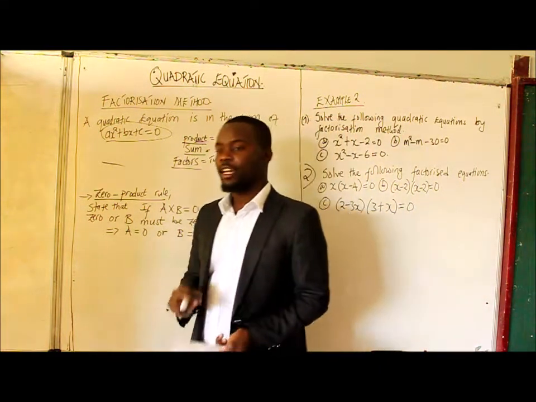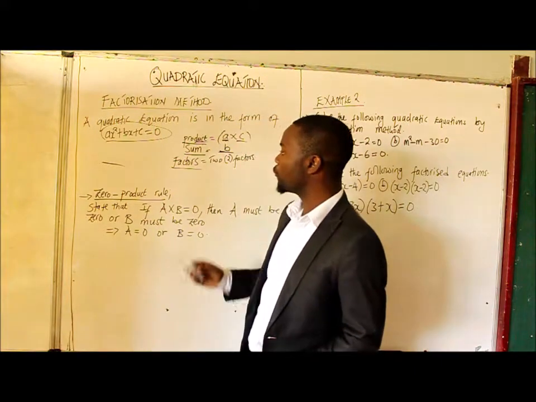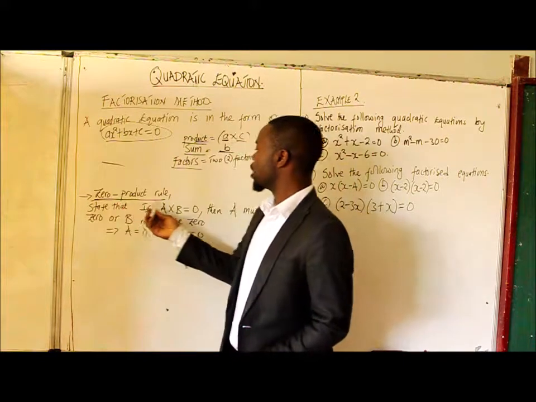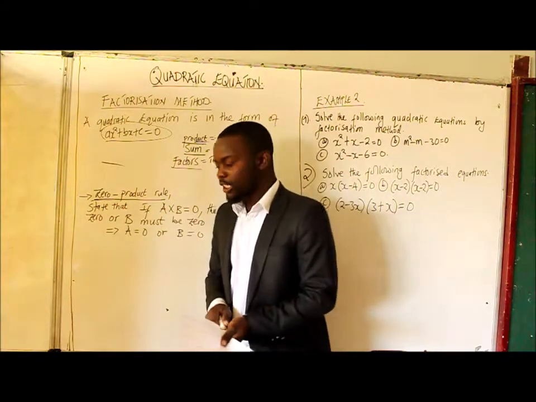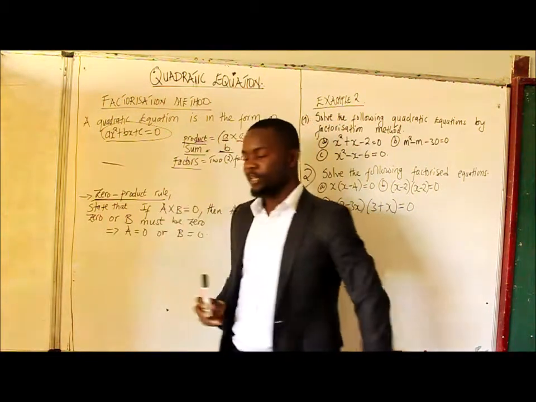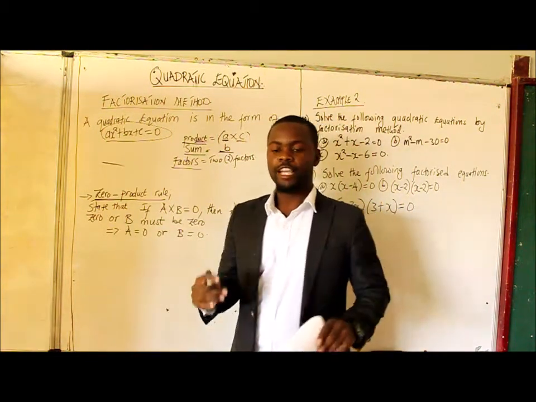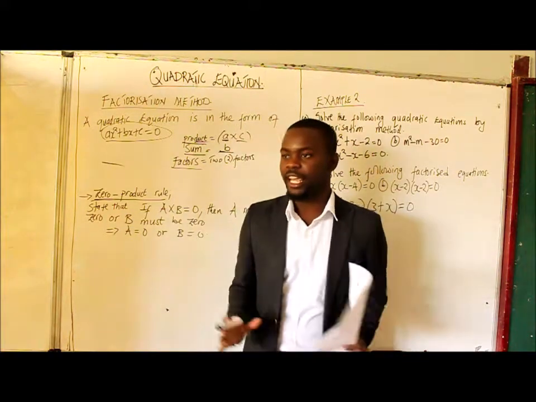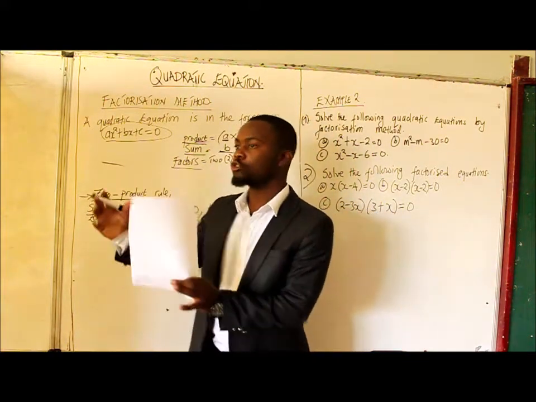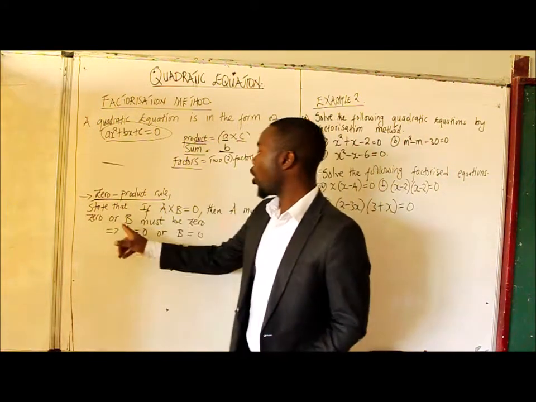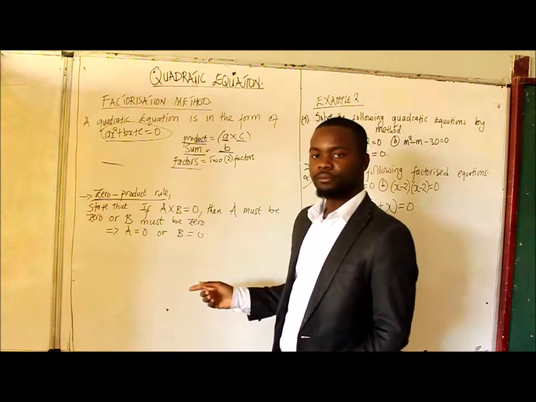Under the factorization method, we make full use of the zero product rule. This rule states that if a times b is equal to 0, where a and b can be anything, this simply means that a must be 0 or b must be 0.